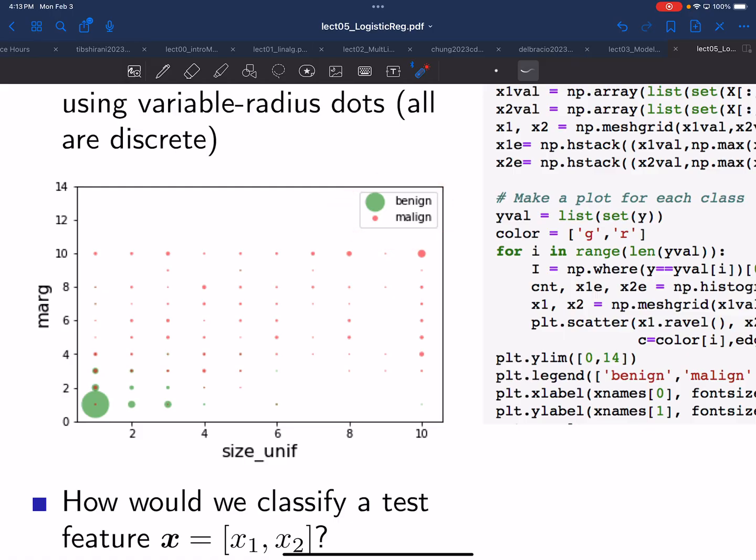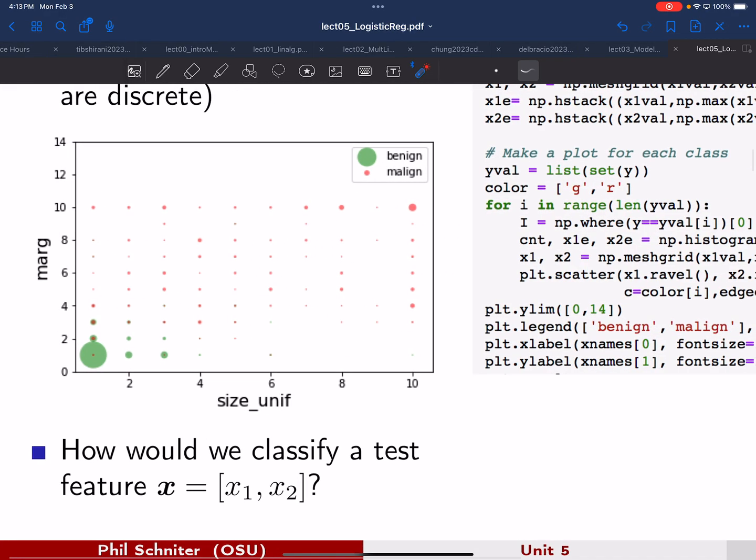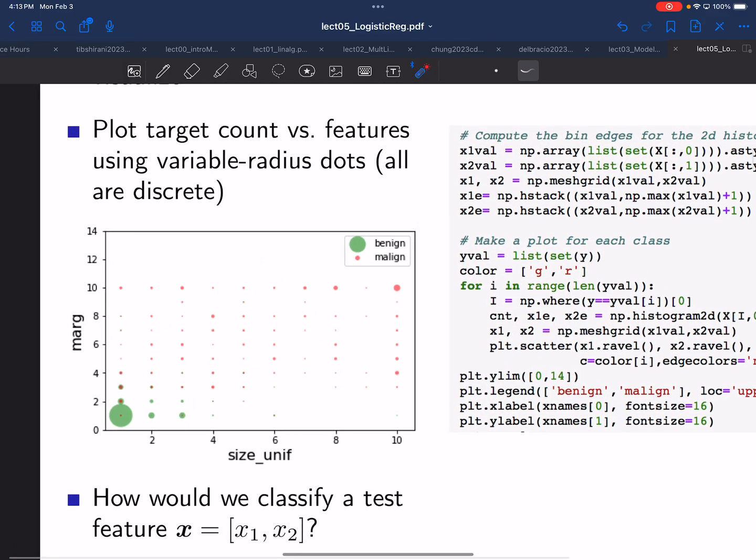So all the benign samples are marked in green, the malignant ones in red. And so like down here, for this combination of features, you can see that almost all of the samples are benign, though there are a few malignant ones in there too. So that's just an example of this data set.